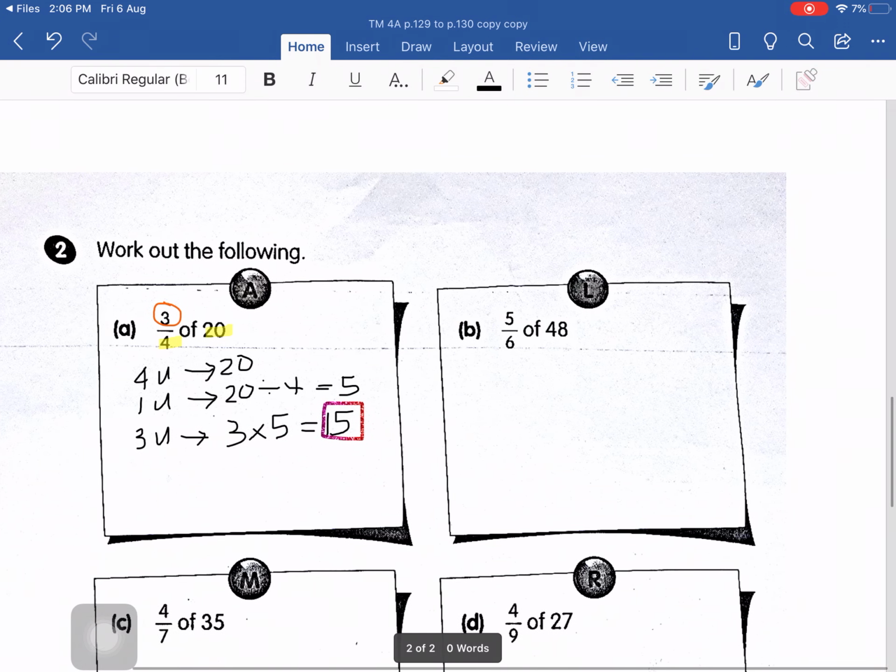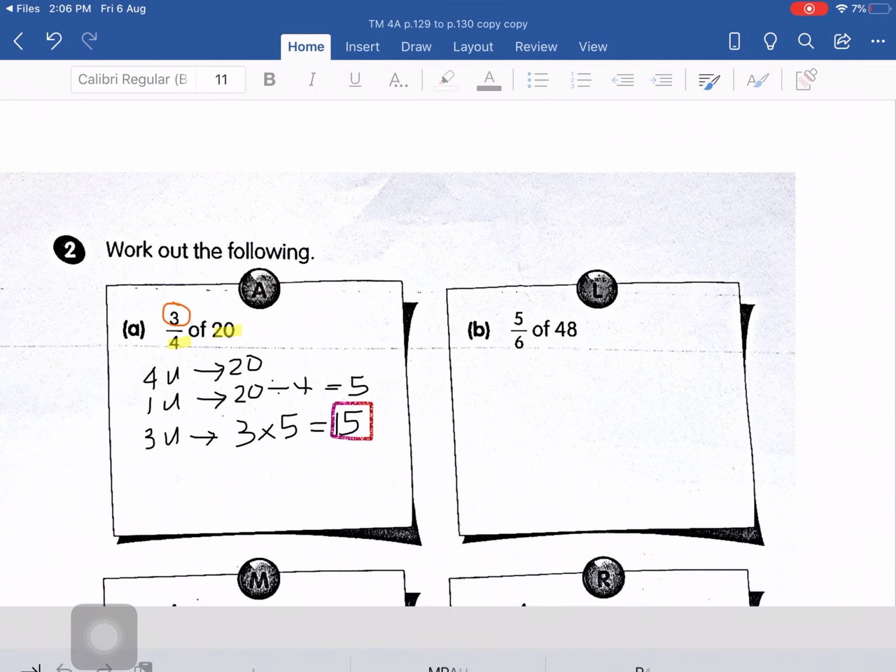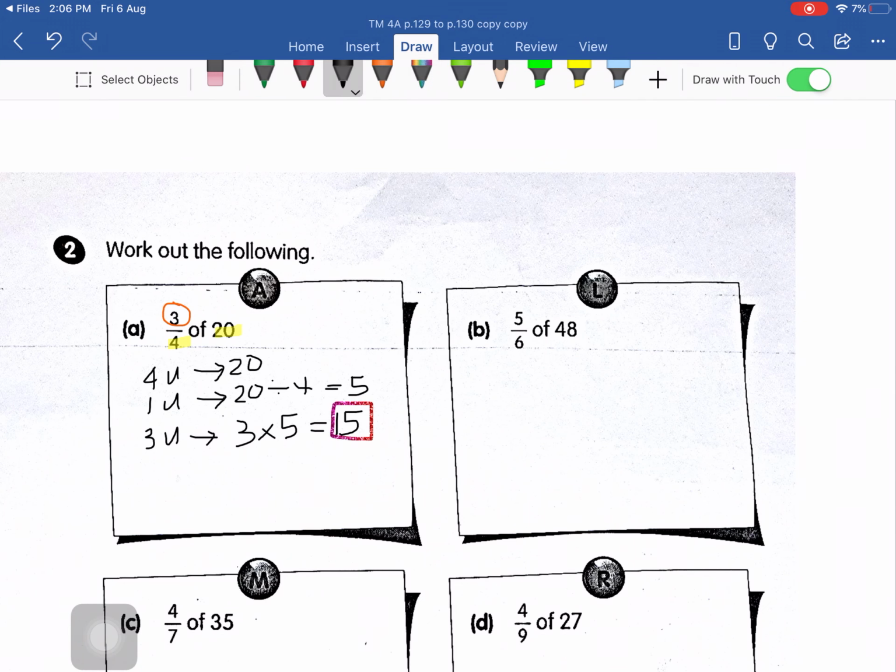Question B. 5/6 of 48. So 48 is split equally into 6 groups. So 6 groups represent 6 units, which means 48. 6 units is 48. So to find the number of items in each group, we split 48 equally into 6 groups.